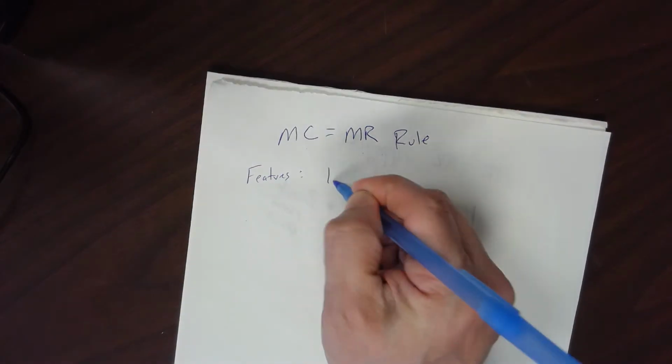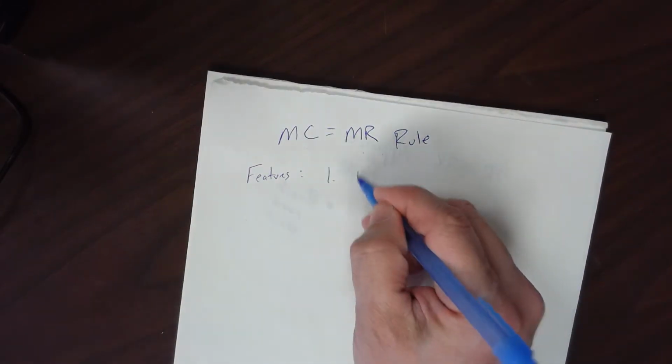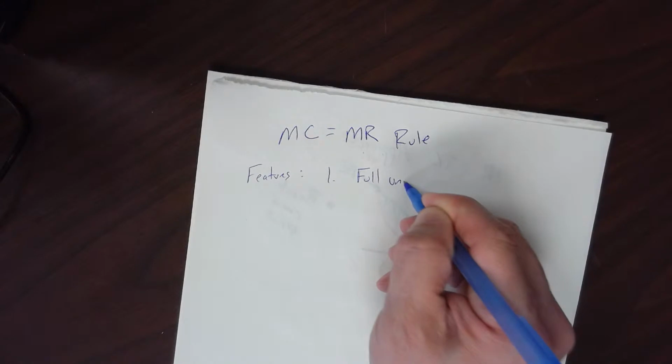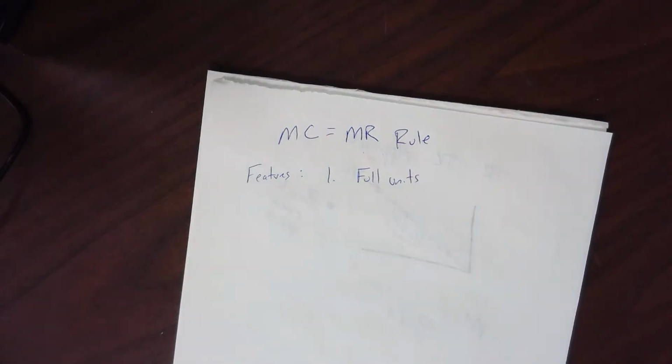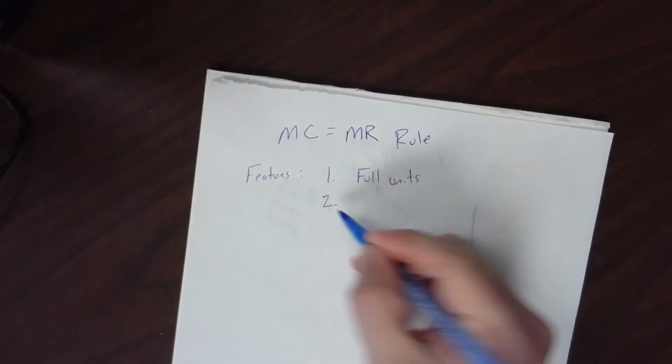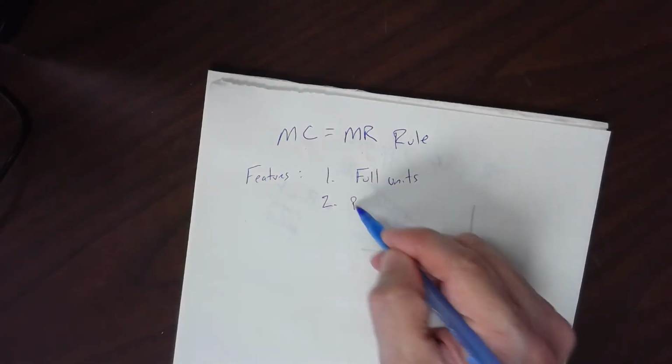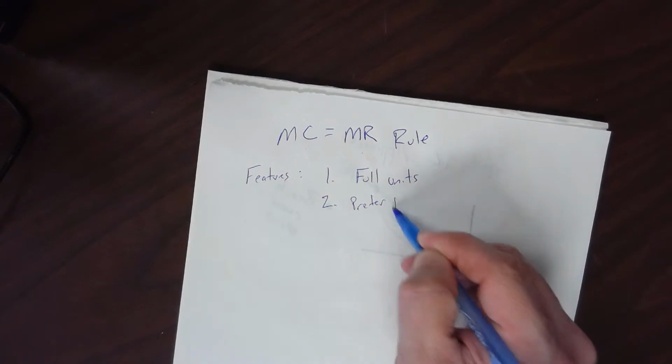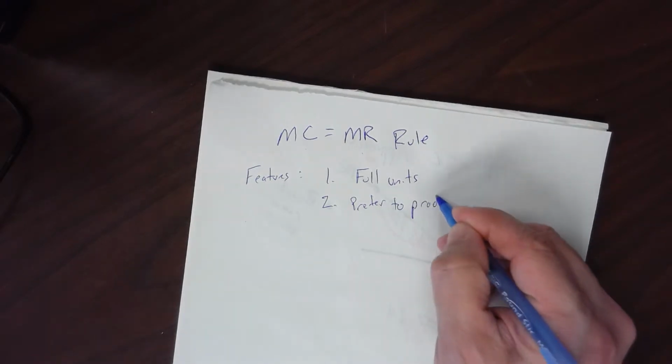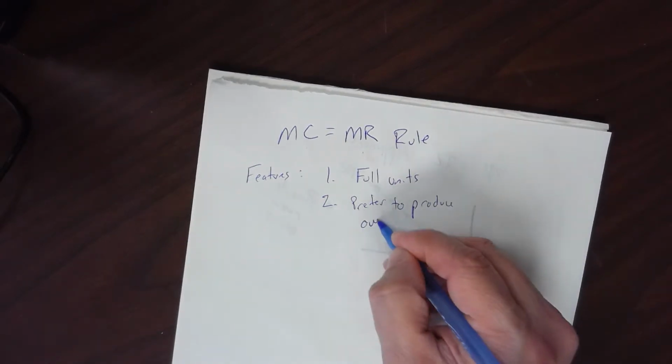First, all right, full units, meaning, all right, we cannot produce 5.5. We produce 5. You go by the last complete unit. Second, we assume we prefer to produce over shutting down.